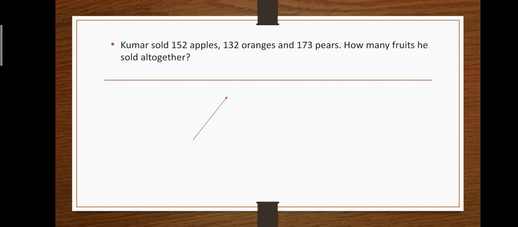Okay, there is a keyword for you. Altogether. Altogether refers to addition. We only have 4 operations in maths: addition, subtraction, multiplication, and division. So in this question we use addition because the question wants you to find the number of fruits altogether.